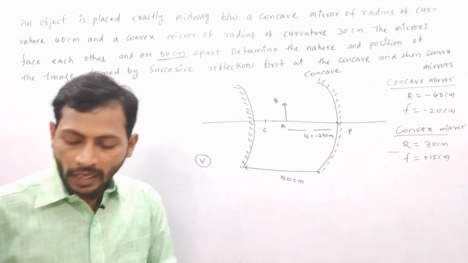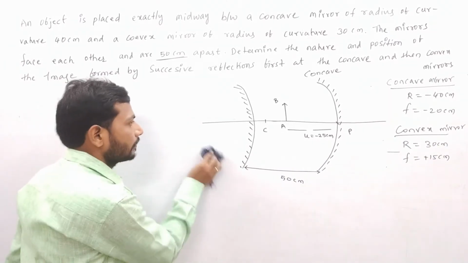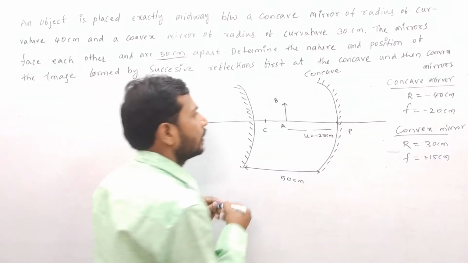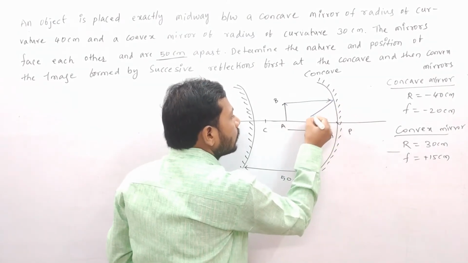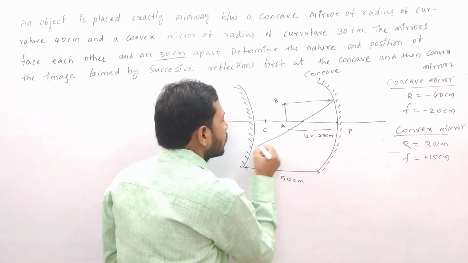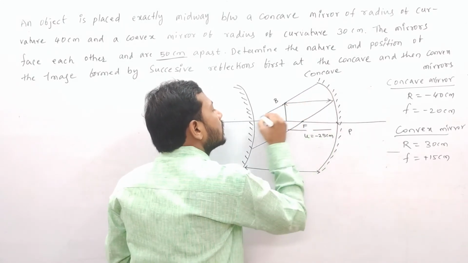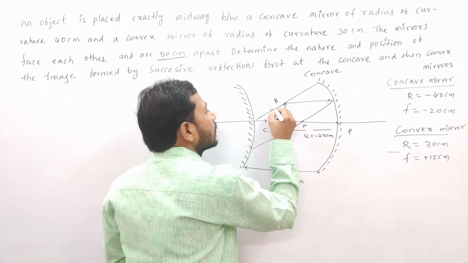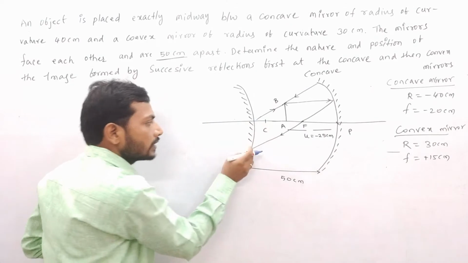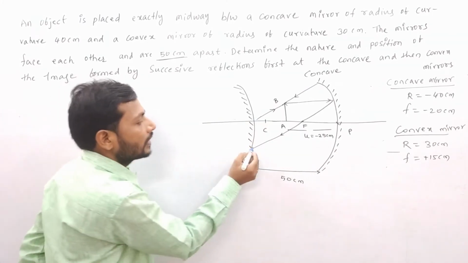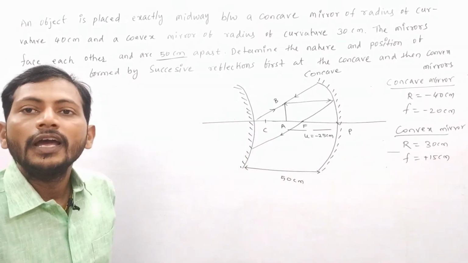So now if you get confused, I will draw a simple ray diagram. See here. Now two rules I am following. If the ray is coming parallel to the principal axis, it passes through the focus like this. I have taken this location as focus. Very good. I have taken the second ray coming from the center of curvature. Now see, if these two rays are coming like this, are these two rays going to meet? No, because they are getting reflected, then they are going to give the image.